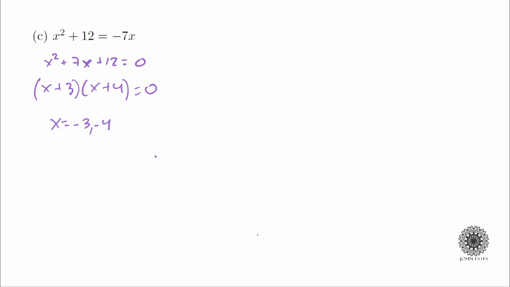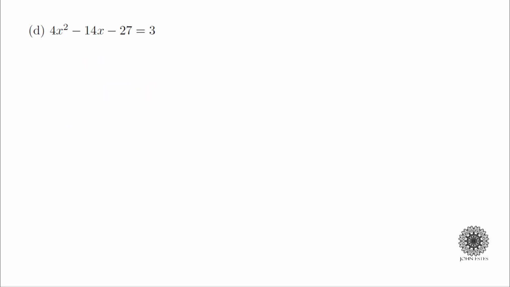Pretty straightforward. For part D here, we have 4x squared minus 4x minus 27 equals 3. This is quadratic as well. So again, we want to get 0 on one side. So I'm subtracting 3 over. So negative 27 minus 3 is a minus 30 equals 0. From here, we could try factoring, but I'm going to use the quadratic formula.